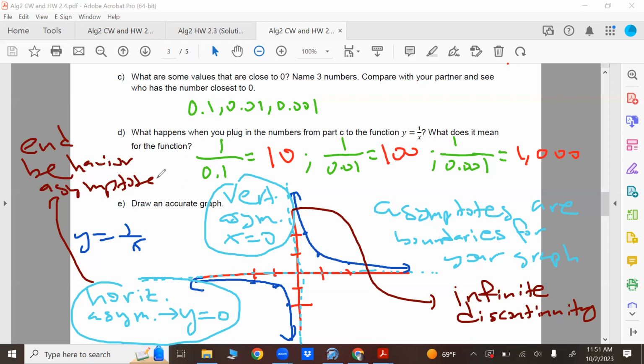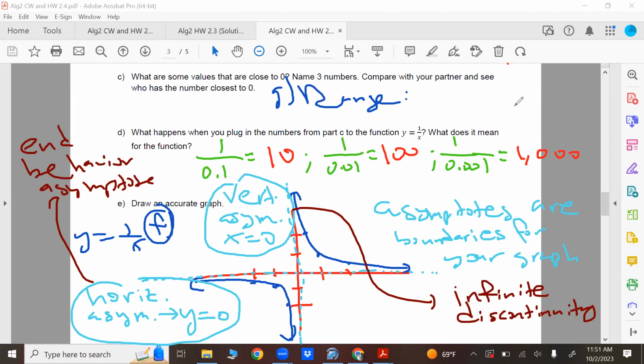Lastly, the range. Because I don't want to move my screen, I'll do part G over here. So again, all this is part F that I just did right now. Part G, the range. Are all y values included, or is there a y value that's left out?